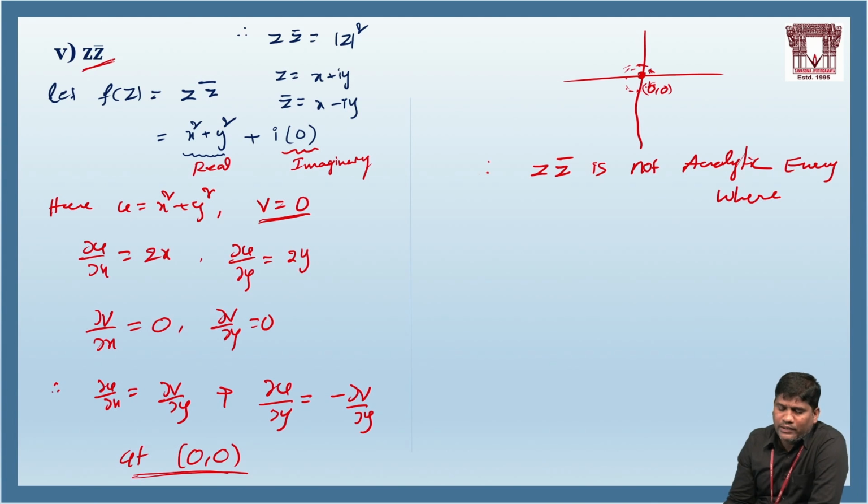But here, this function is satisfying the Cauchy-Riemann equations only at the origin, so we can say it is differentiable only at the origin, not differentiable around the neighborhood of the origin, so this function is not analytic at the origin and not analytic everywhere.